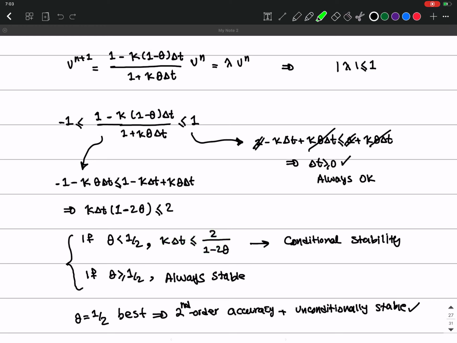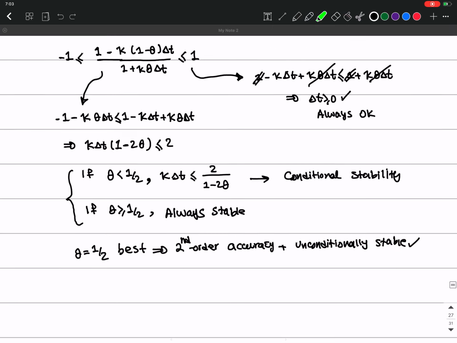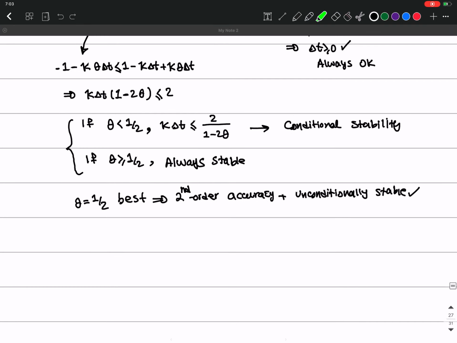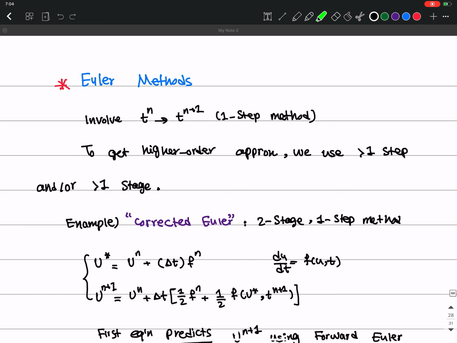Okay, so this is a conditional stability, and if theta is greater than 1/2, it's going to be always stable. And we said if theta is 1/2, which is the Crank-Nicolson method, then we are going to have second order accuracy and unconditional stability, which is the best form of this variable weighted method.